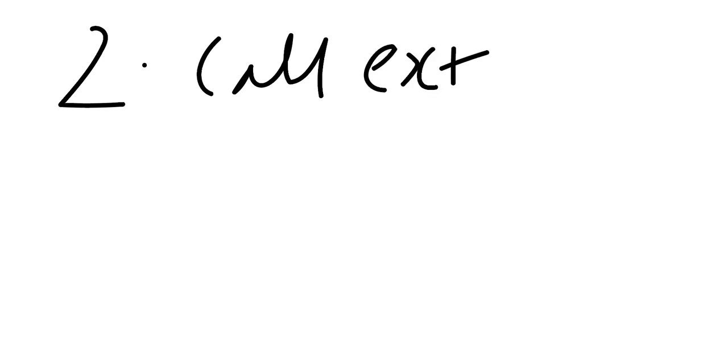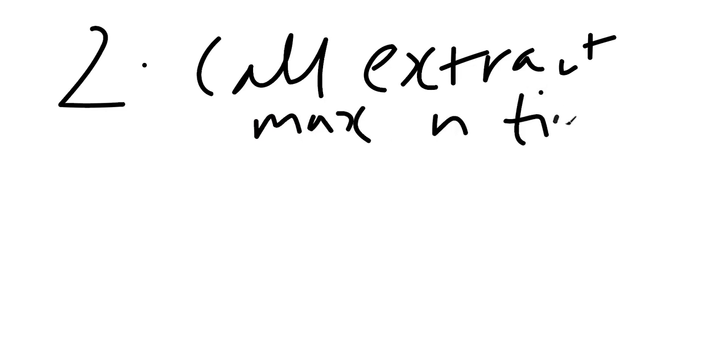So what's step 2? Now we have a max heap. Well, we know that the extract max function is in theta of log n time. So we call extract max n times.